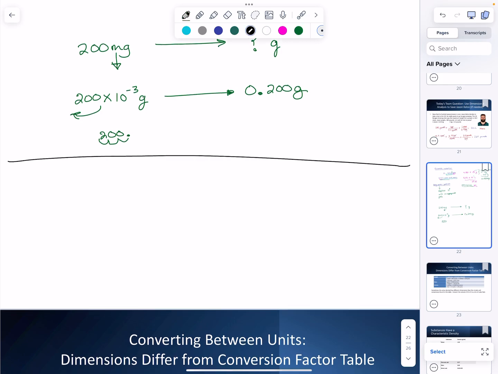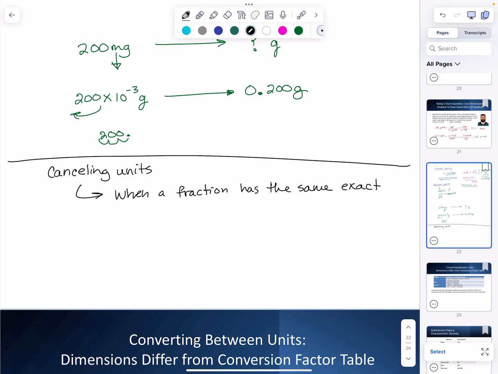So, canceling units: when a fraction has the same exact thing on the top and bottom, that thing can be canceled.